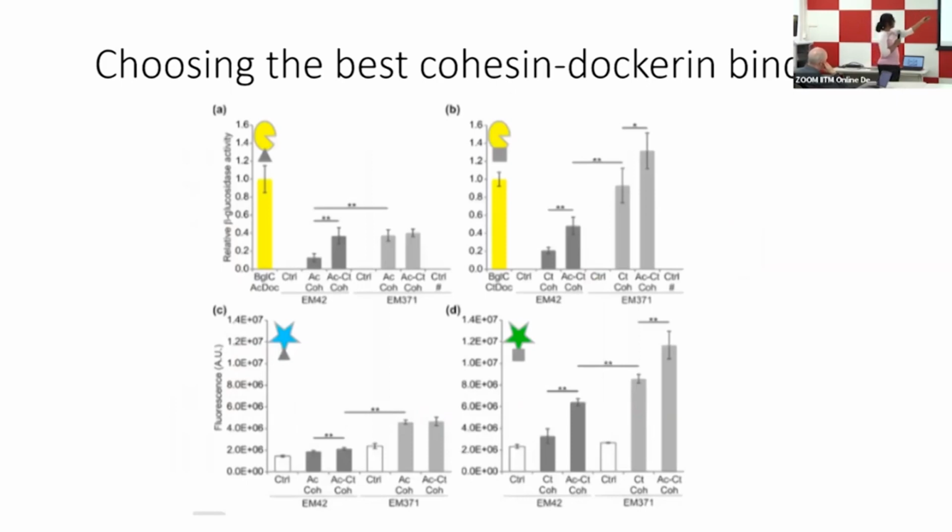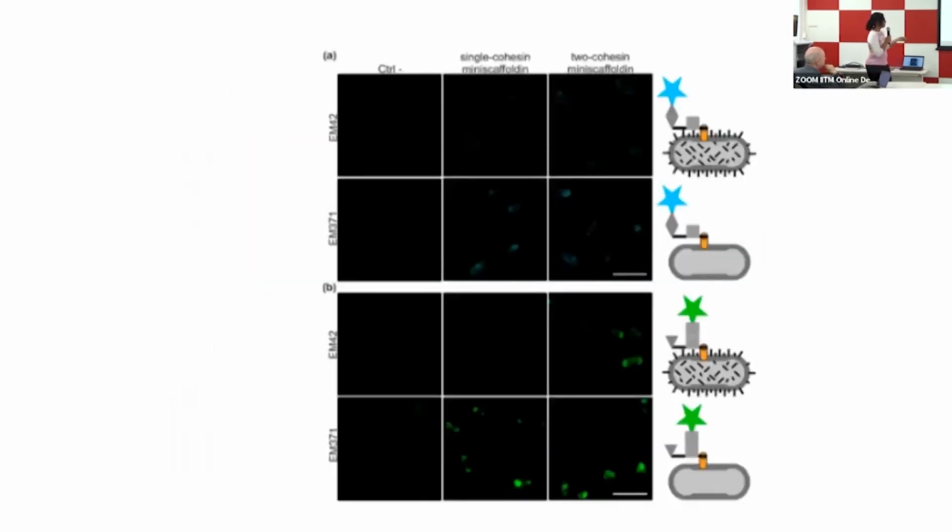In graph A and graph B, we can see that EM371 always shows a higher absorbance compared to EM42 in both cases, and the absorbance for the CT cohesion was more than the absorbance for the AC cohesion. Another result we saw was that those surfaces which had both AC and CT cohesions showed the maximum absorbance. And we observed something similar for GFP as well.